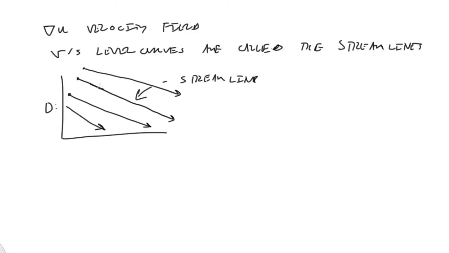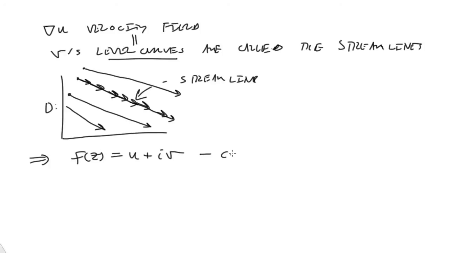And of course, again, these level curves are parallel to the velocity field. So the velocity field is going to be flowing this way, and as a particle flows along that velocity field, it will draw out a streamline. So now we see this as f of z equals u plus iv.